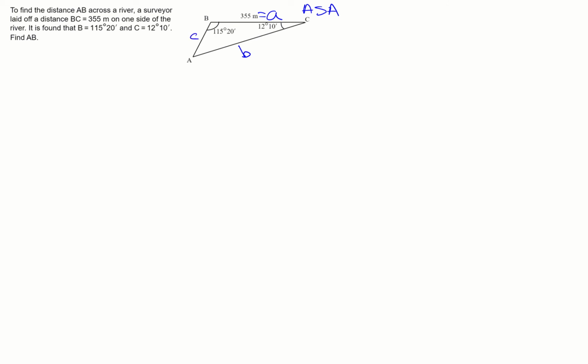So just doing a quick application of the law of sines, we know that sine A over a equals sine C over c.